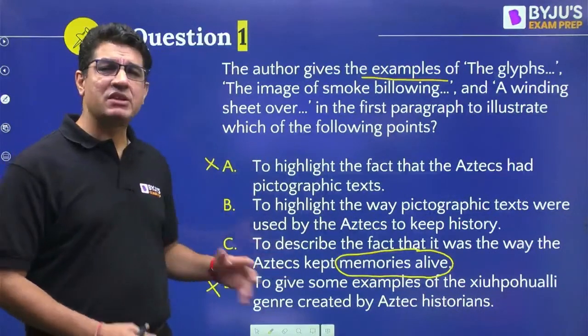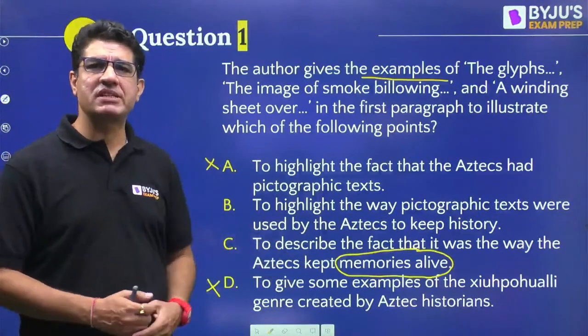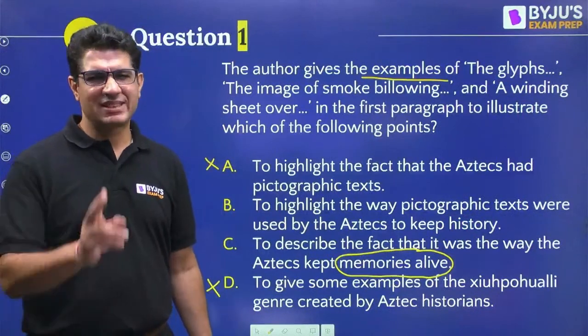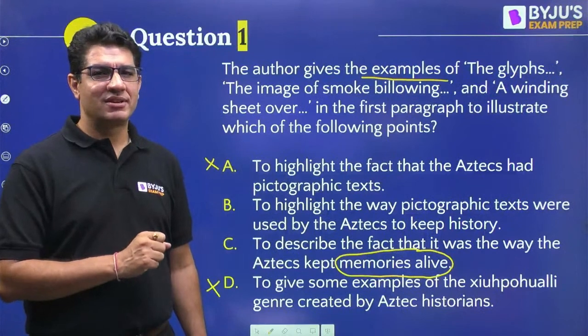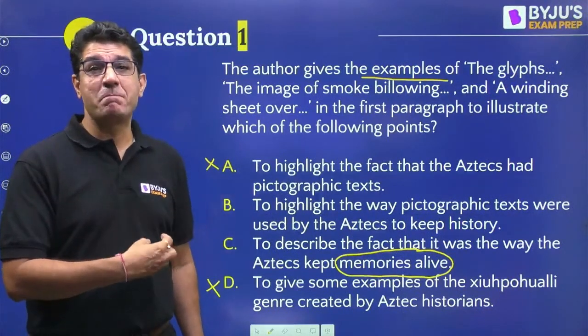So between B and C, which is closer to that? Is it about keeping the memories alive or is it about recording their history? I think recording history is definitely closer. Maybe if we read more, we'd perhaps find other ways of keeping the memories alive.